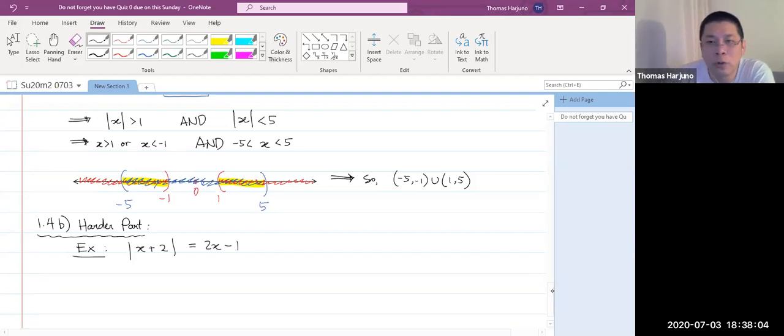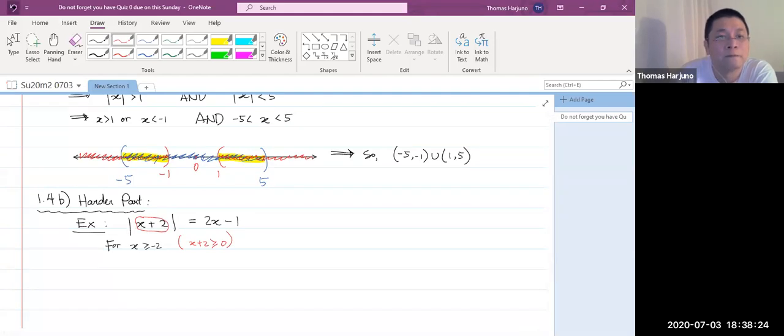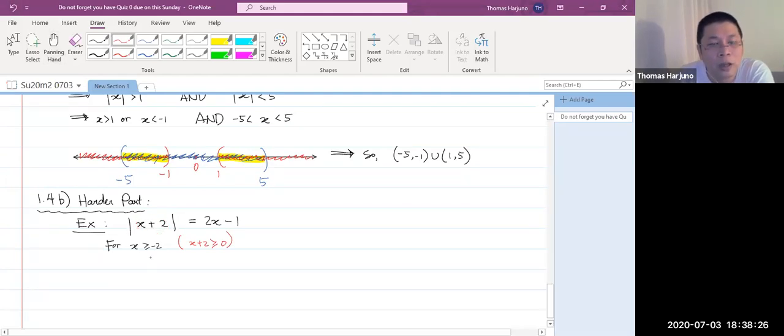The way we solved that was we say, for x greater than or equal to negative 2, that's because x plus 2 is greater than or equal to 0, right? Then we can take off the absolute sign for free because the guy inside the absolute sign is positive or 0, and then we solve it from there.